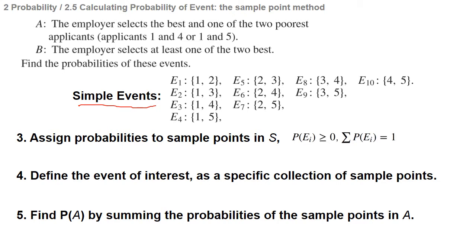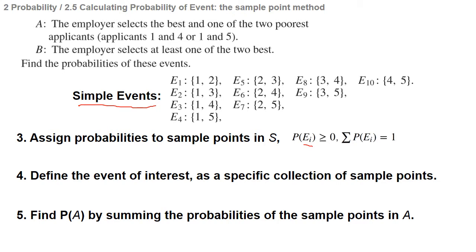Step 3, assign probabilities to sample points in S. Here we want to assign probabilities like this: the probability of E_i, the probability of any simple event, is greater than or equal to 0, and summing up all those probabilities would be equal to 1.